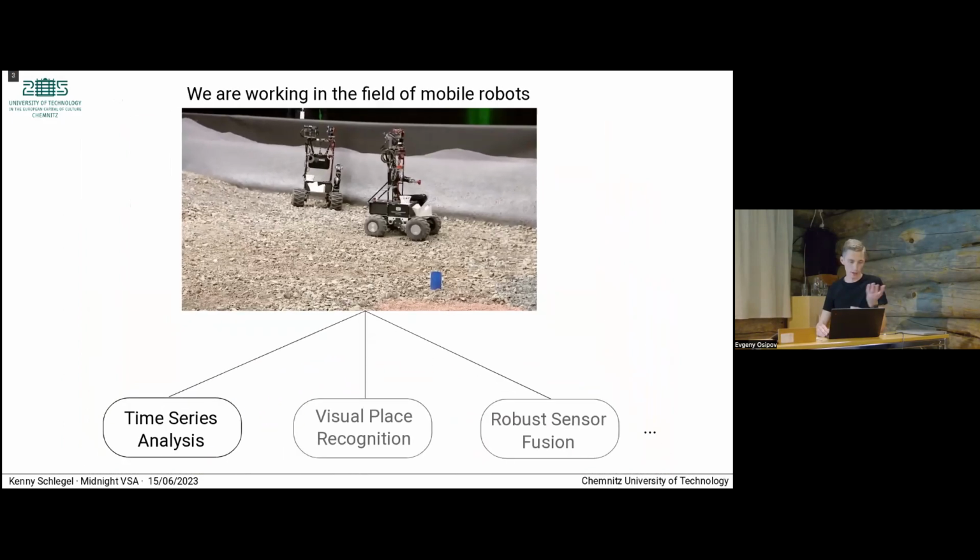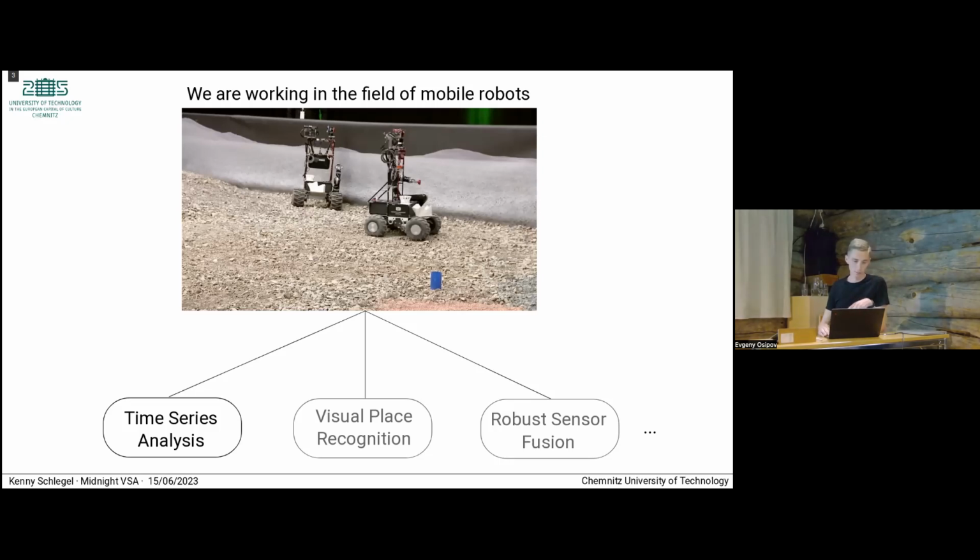So we have, for example, those three topics, like time series analysis, because we are working with sensors, and the sensors produce signals over time. Then we are in the field of visual place recognition, so image processing, and robust sensor fusion and other topics as well. But I also highlight these three topics.